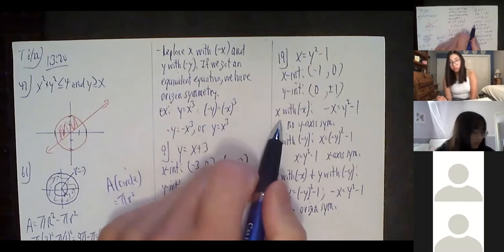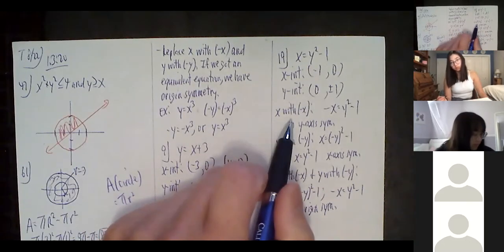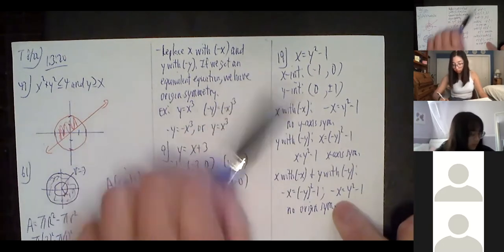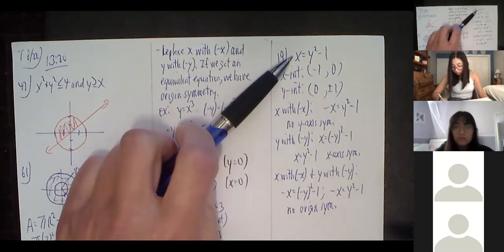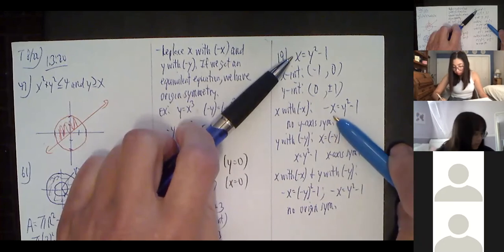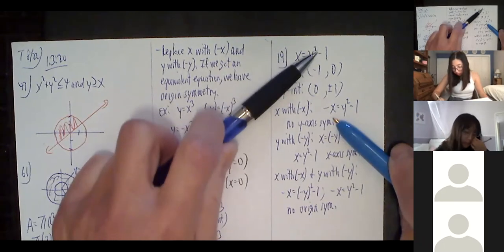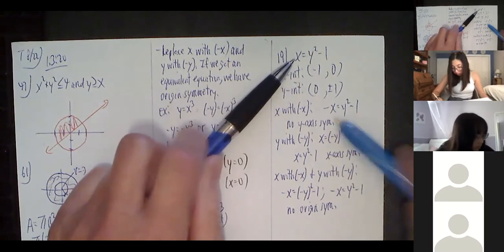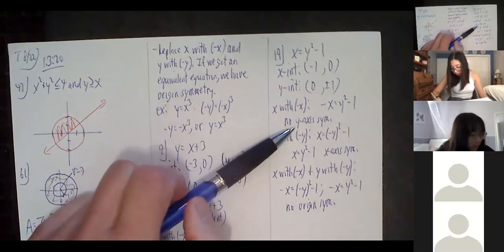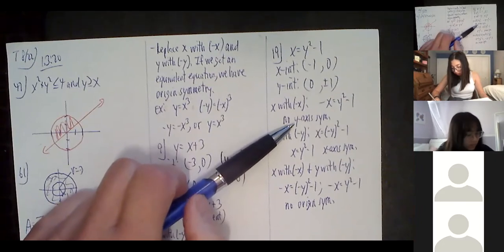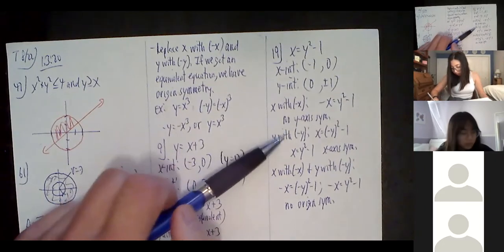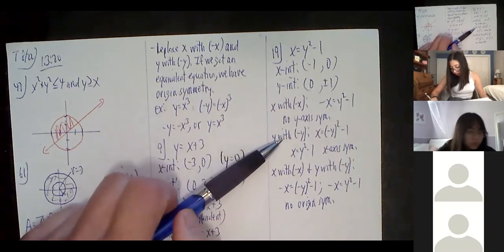Okay, so now I replace x with negative x. So right here, change it to negative x. It looks like this, right? And is this whole equation equivalent to this whole equation? No, it is not. So I do not have y-axis symmetry. Now I replace y with negative y.